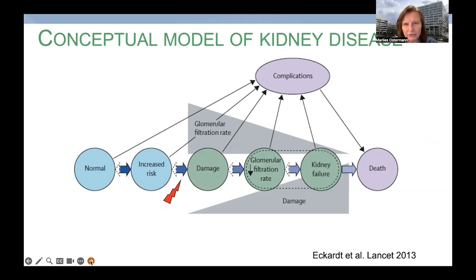And if left untreated, patients develop severe kidney disease or even kidney failure. If the process lasts for more than 3 months, we call it chronic kidney disease, and any form of kidney disease lasting for less than 3 months is called acute kidney disease. Acute kidney injury is part of acute kidney disease.